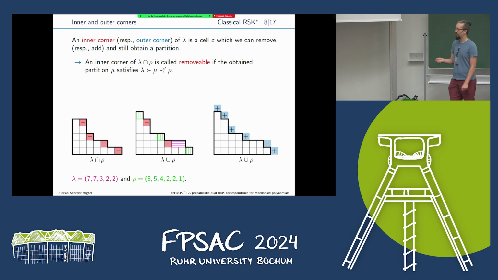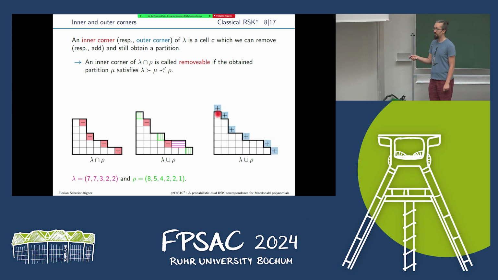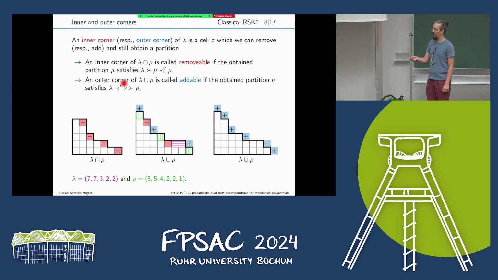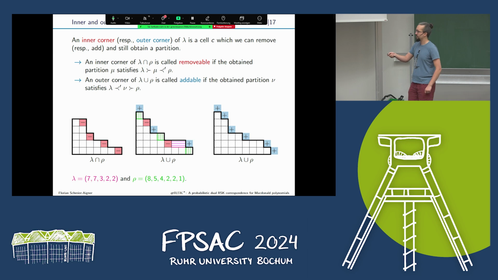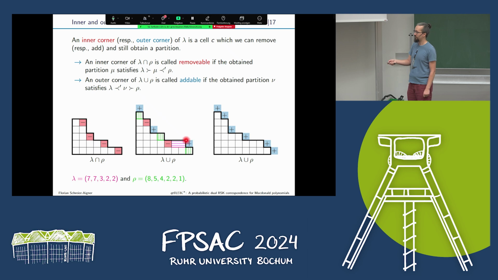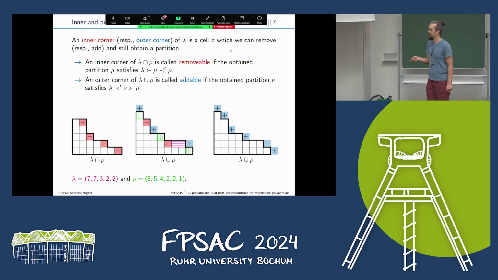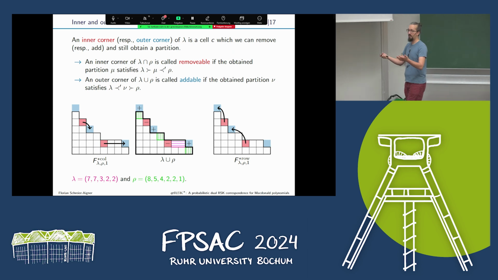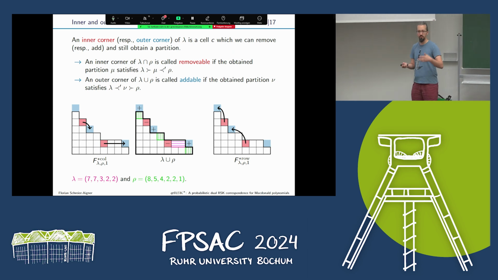Similarly for the outer corners, we cannot add all of them because we have this extra condition here. The ones we are actually allowed to add are called addable ones. These are those which form vertical strips together with the green boxes, or horizontal strips together with the red boxes.